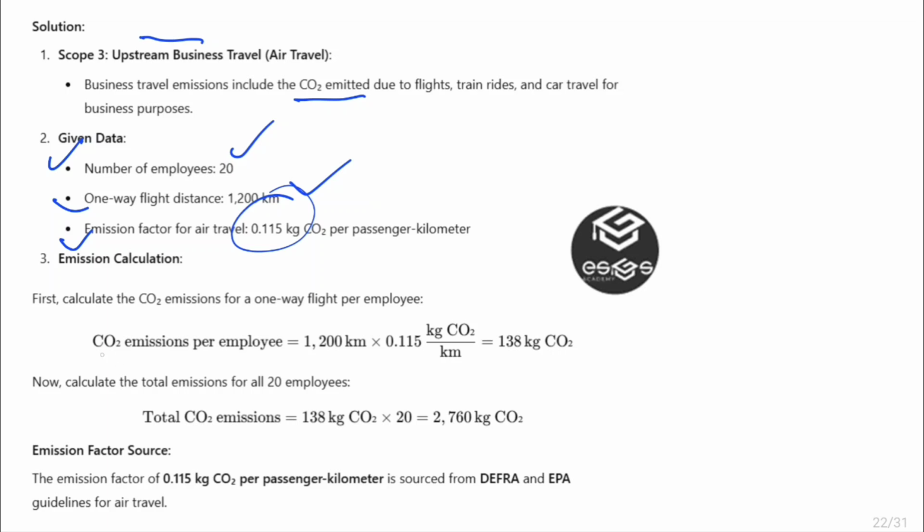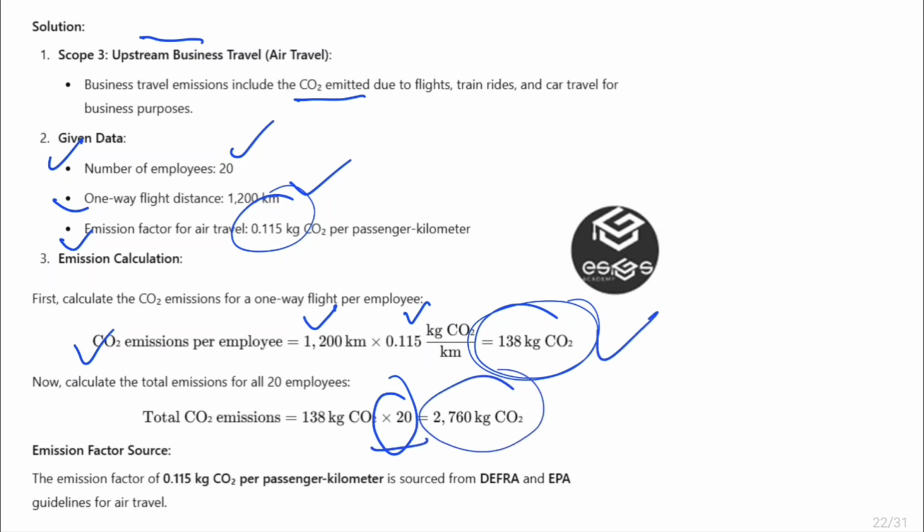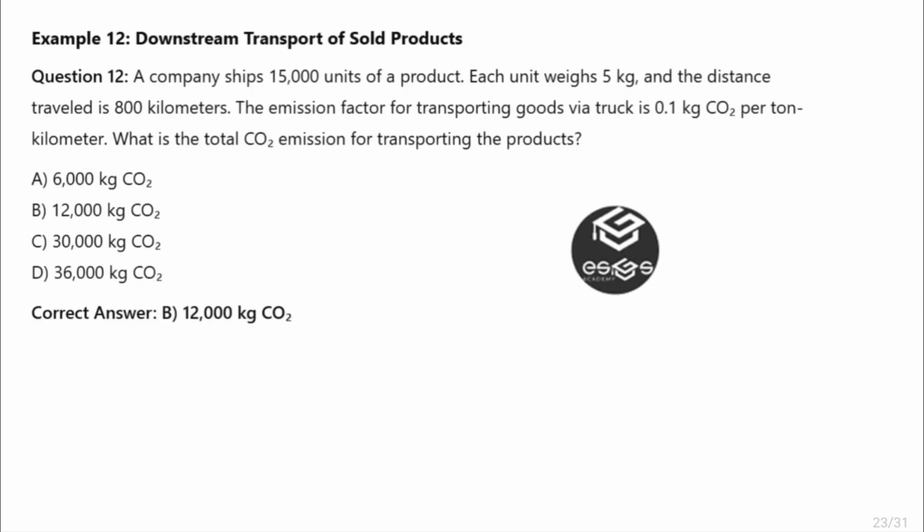Now what we have to do is find the CO2 emissions per employee: distance traveled multiplied by the emission factor, and this is the answer for one person. Now what about the 20 employees? Multiply this with the number of employees and you will get the answer. Again, similarly, we can source the emission factor either from DEFRA or the EPA website or the guidelines for air travel. Okay, let us see another question now.